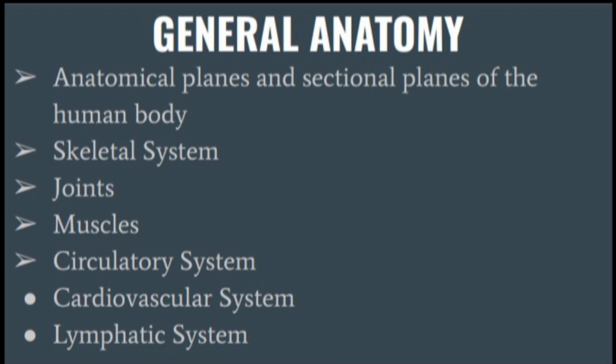These include tendons, tendon sheaths, bursae, the different types of fibrous structures occurring in skeletal muscles, and these are the aponeurosis, tendons, etc. Now coming towards the circulatory system, it basically includes the cardiovascular system and the lymphatic system.